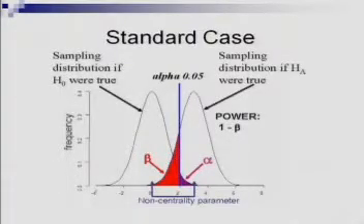So let's think about the standard case. The standard case is we have the null distribution here, we have the alternative distribution here, and alpha, as we know, that's our typical definition of alpha. Now beta, of course, is the area of the alternative that will overlap with the area of the null, when basically we're not rejecting the null when really we should be.